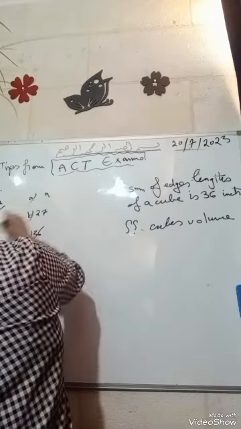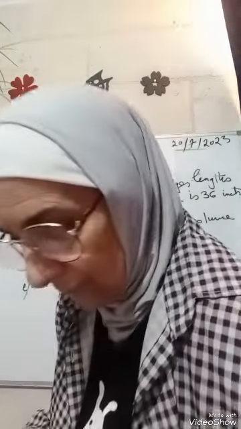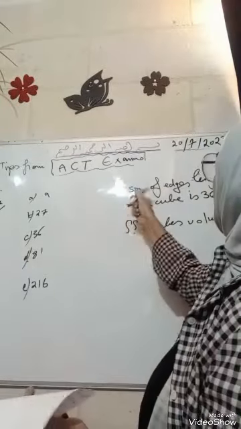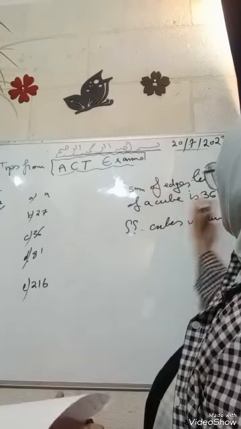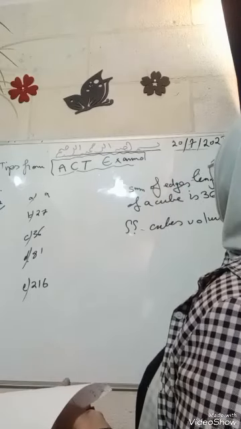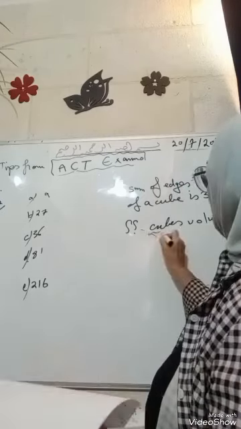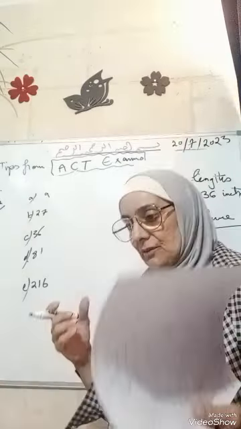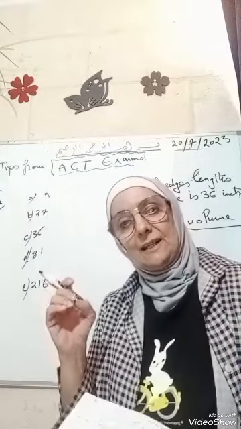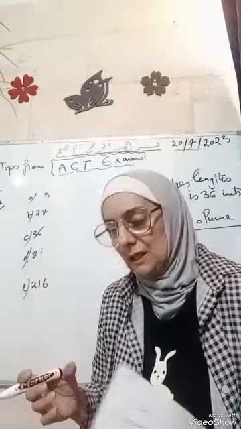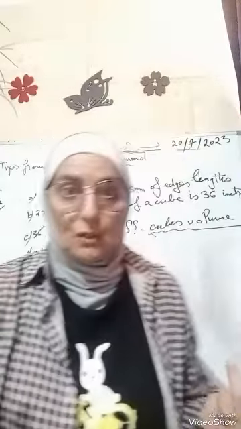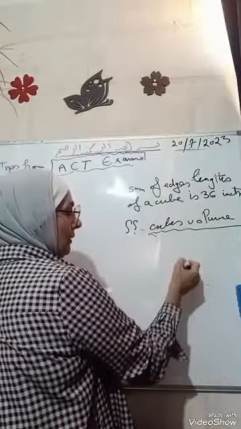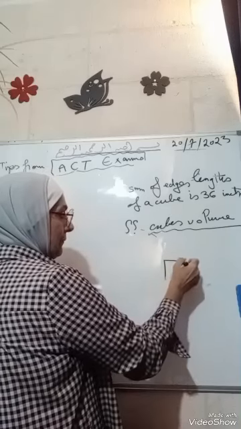Those are my choices. Now, to know what he means: the sum of the edge lengths of a cube is 36 inches, and he wants the cube's volume. If I want to understand this problem, I need to draw it so I can imagine what it is about. So it is a cube.